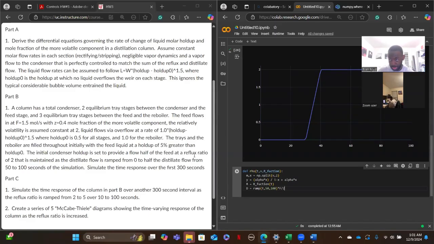Our feed will be the ramp because that'll be the vapor coming in. And yeah, that's the set value conditions for our distillation column.